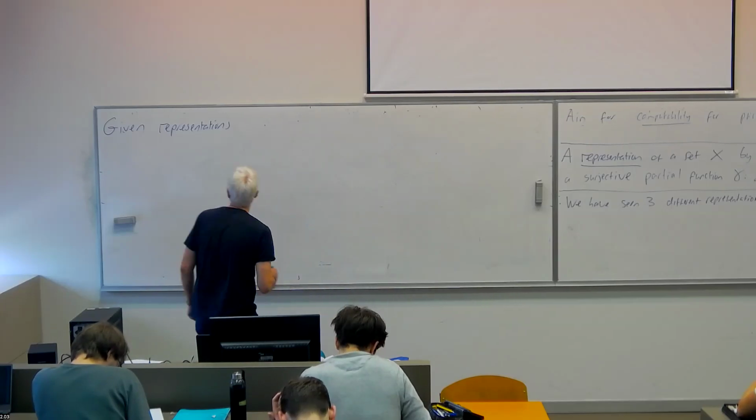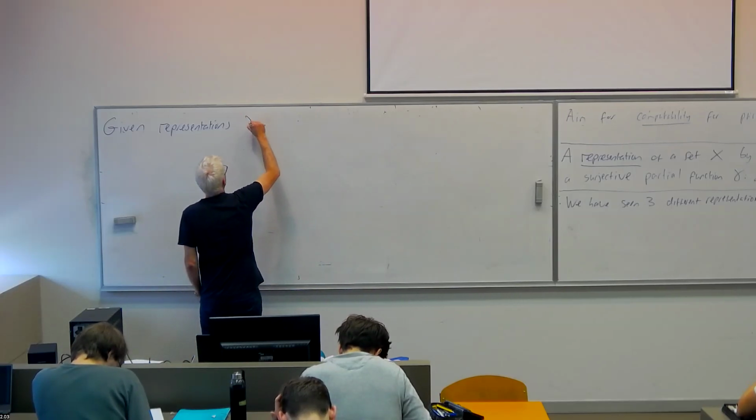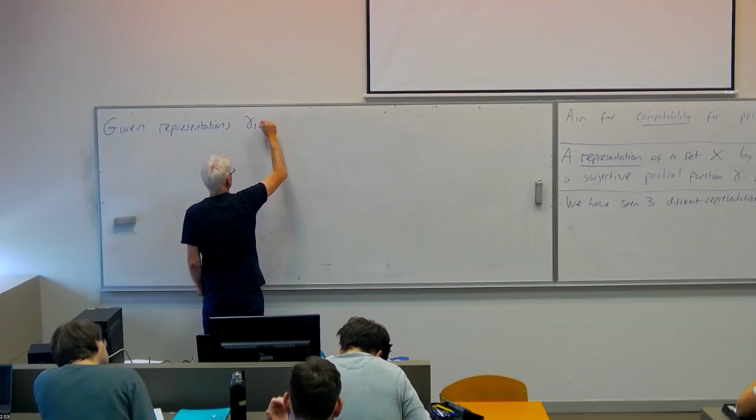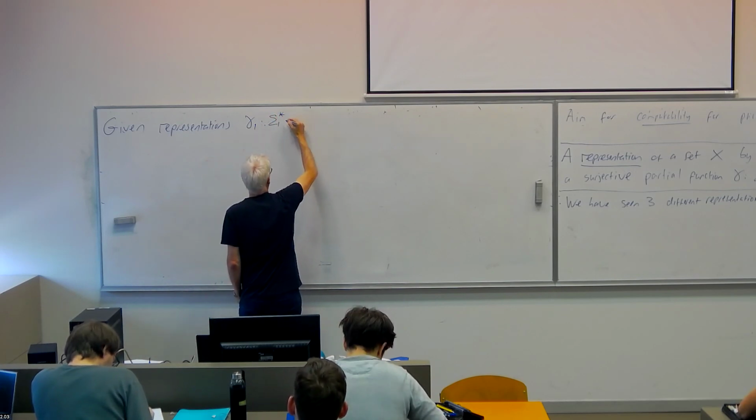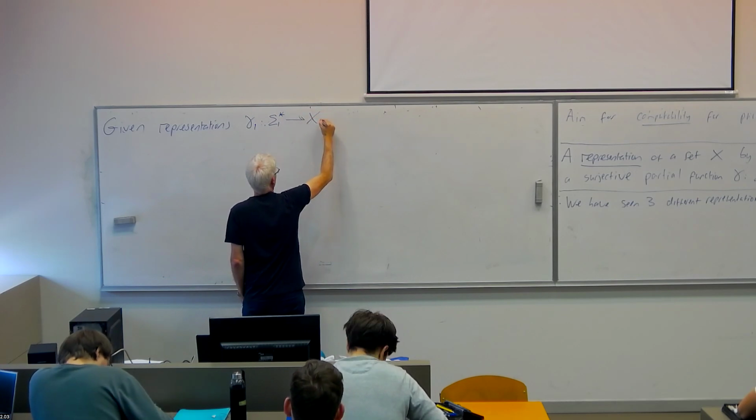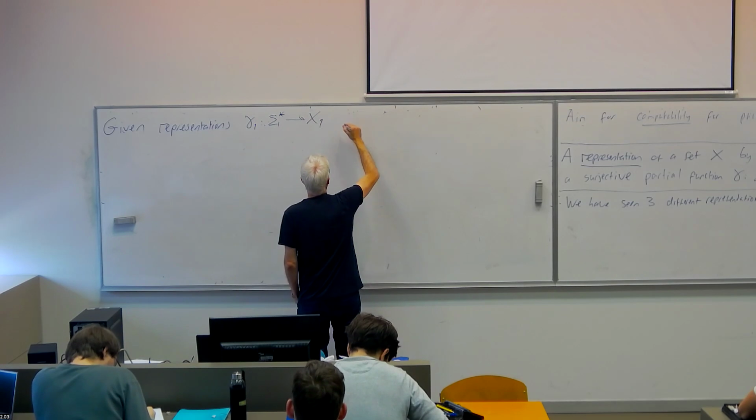Okay, so I'm using x1 and x2. We've got two represented sets. x1 is represented by words over an alphabet sigma 1, via a partial surjective function gamma 1 from that first alphabet onto x1.